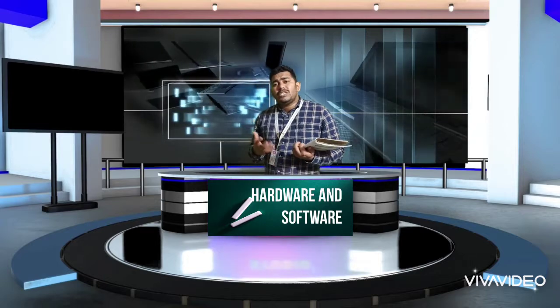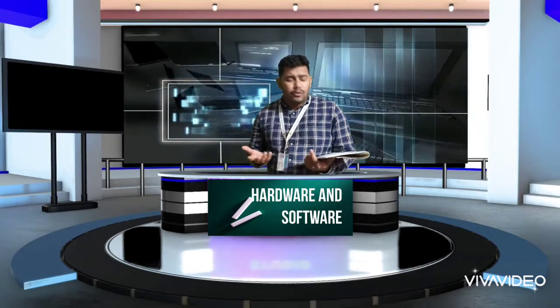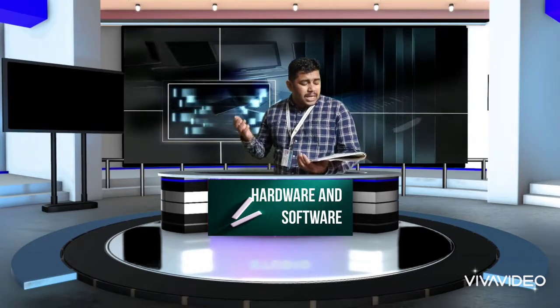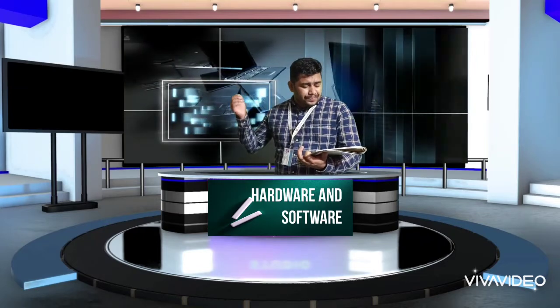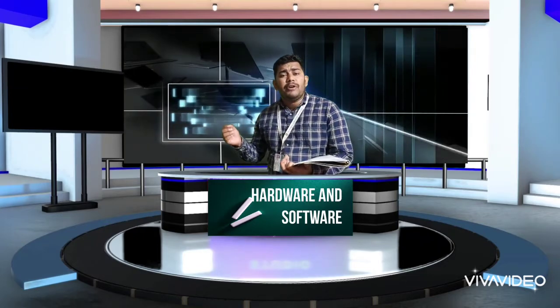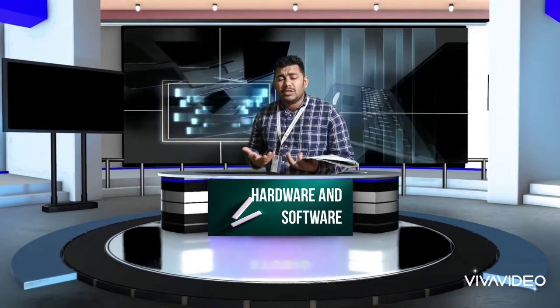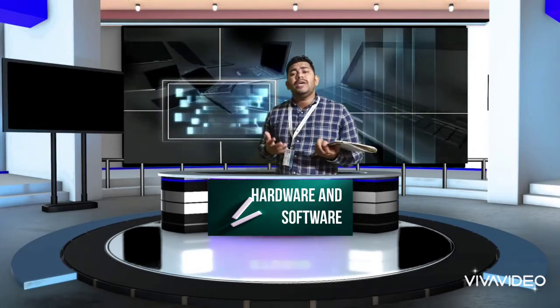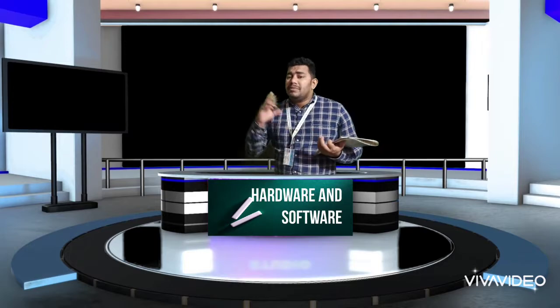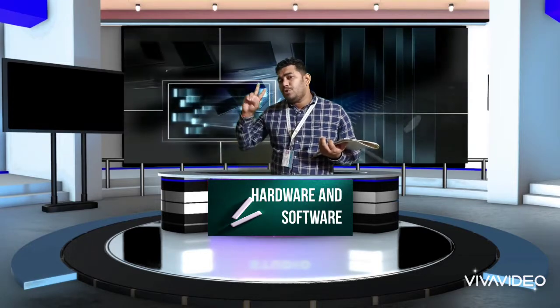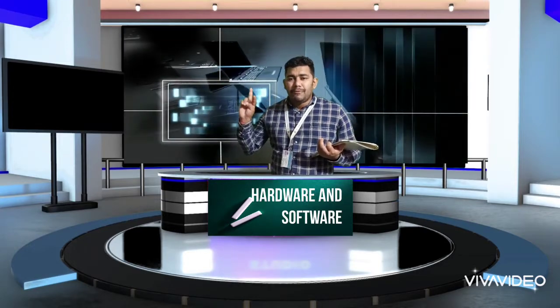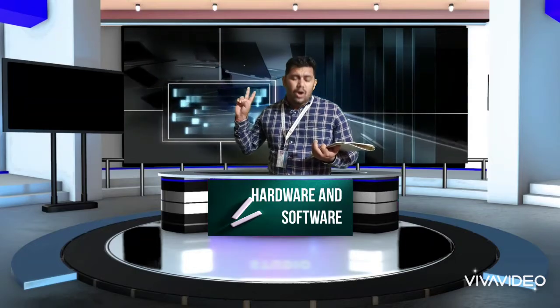Next, what is software? Software refers to the part of the computer which we cannot touch. And remember, software is of two types: system software and application software.